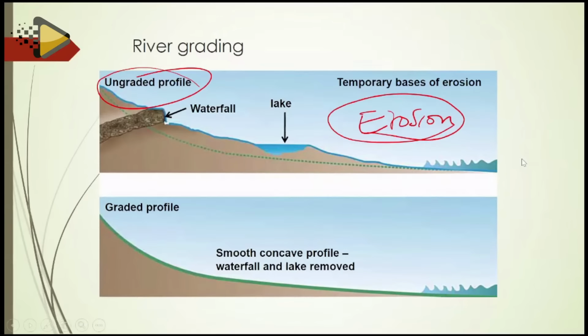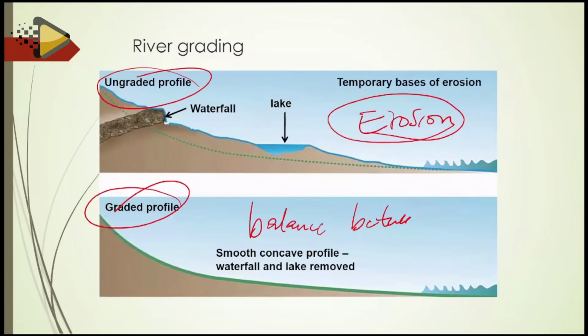But this one is a graded profile, which means there is a balance between erosion and deposition. So in this graded profile, we say this is in equilibrium. There is no dominant process.